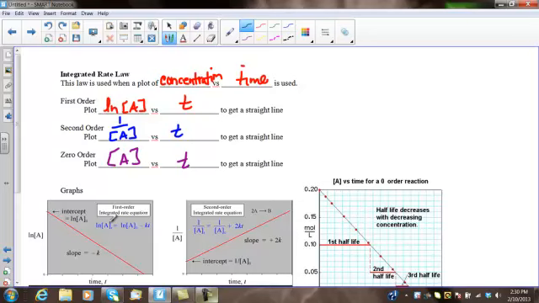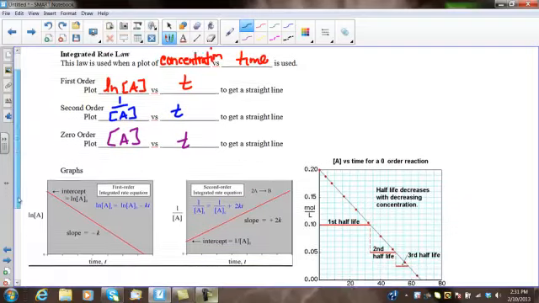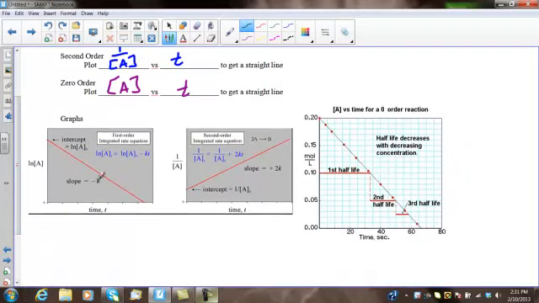Second order plot would be 1 over the concentration of A versus t. And in a zero order plot, it's the concentration of A versus time to get a straight line. And you can just jot these graphs down if you want.